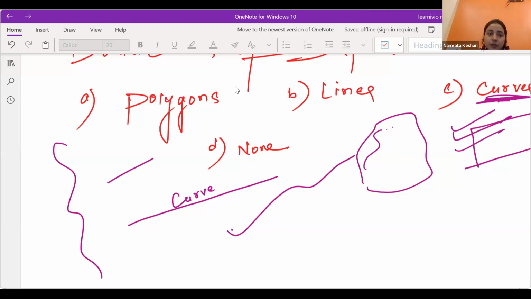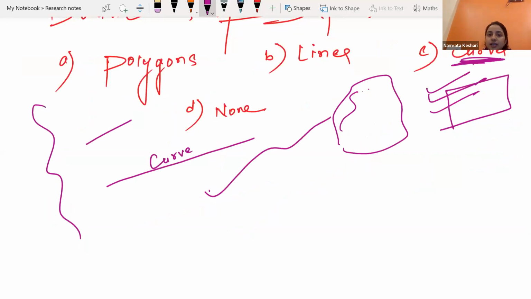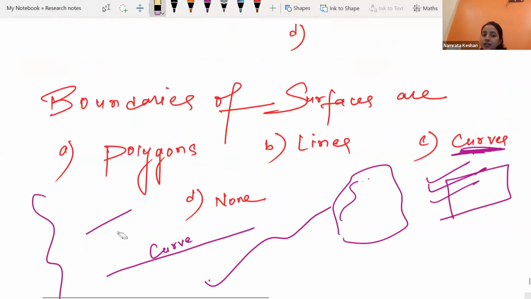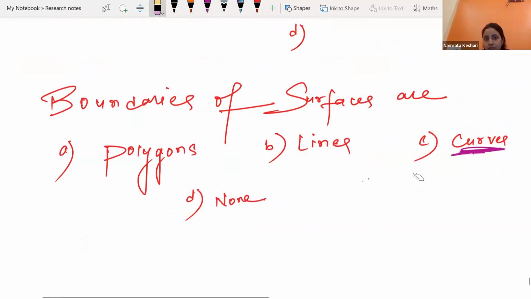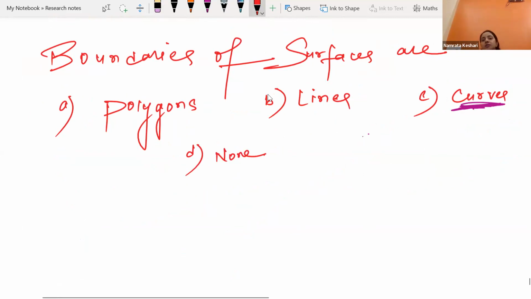Yes, ma'am. Okay. So keeping that in mind, we are saying that the boundary will be a curve. It can be that curve as well, this curve as well. Surface means it can be any surface. Whenever this type of fill in the blanks or MCQ question comes, please keep in mind that a straight line also falls in the category of curve, and surface means we are talking about any surface.